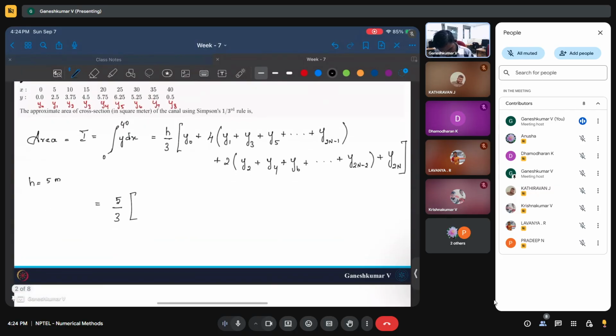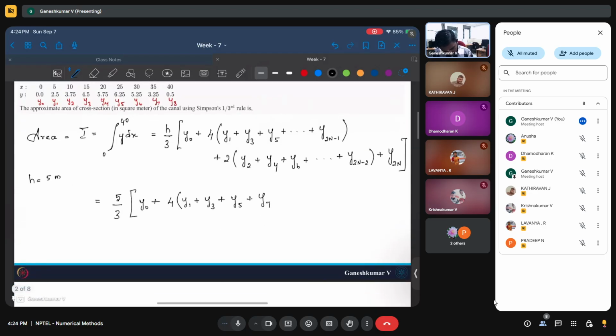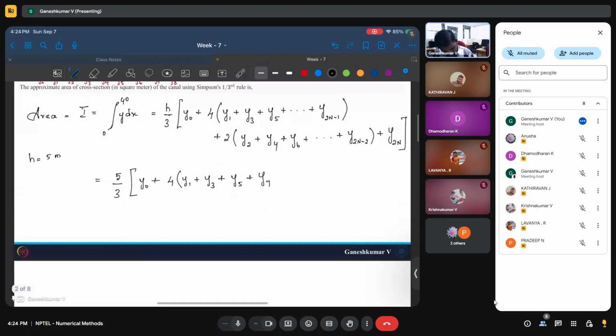You have only 9 data points, so let me write down again the Simpson rule for this. y naught plus 4 into y1, y3, y5 and y7. You cannot write y9 because that does not exist. Plus 2 into y2, y4, y6.